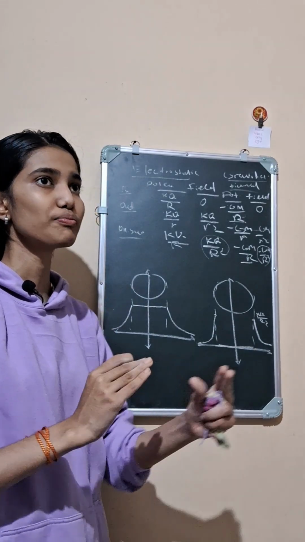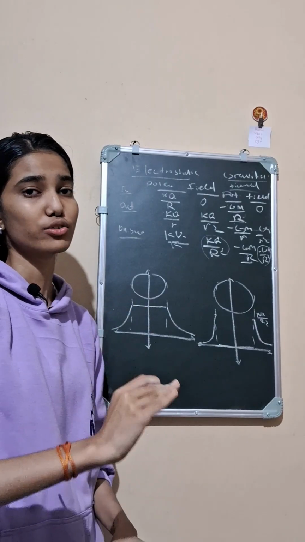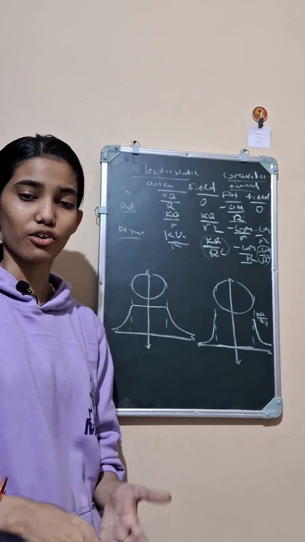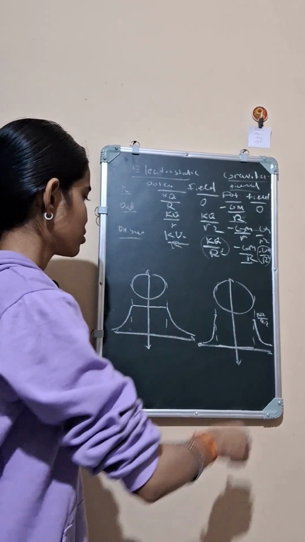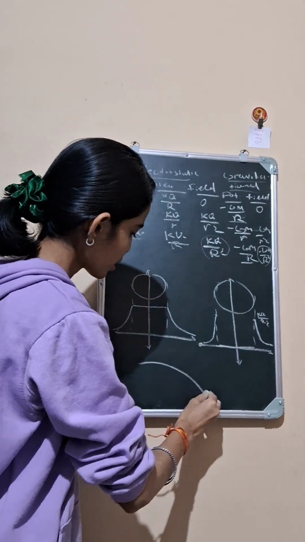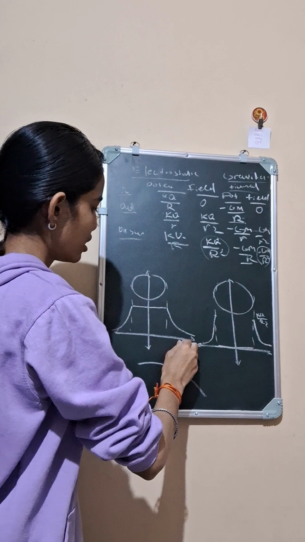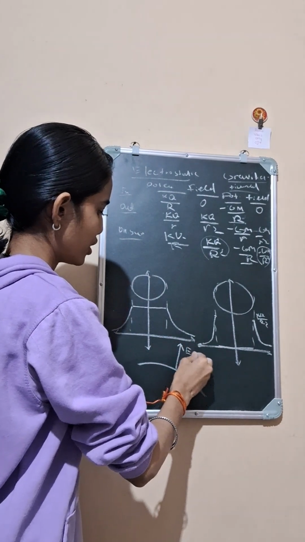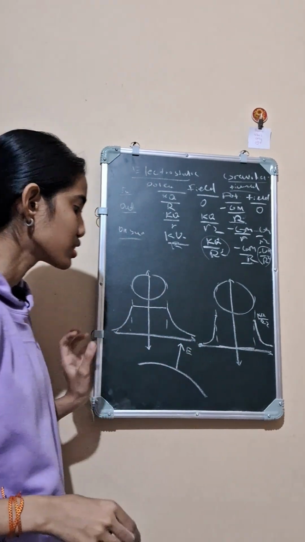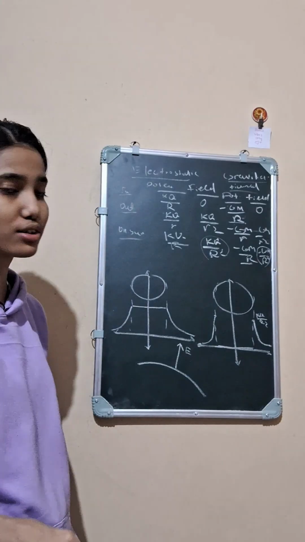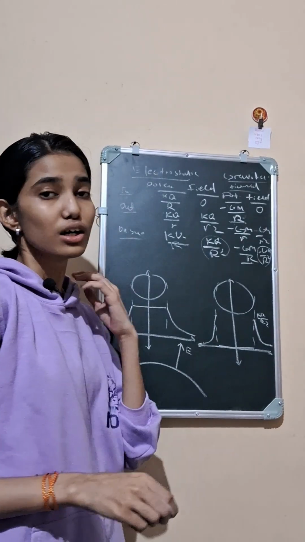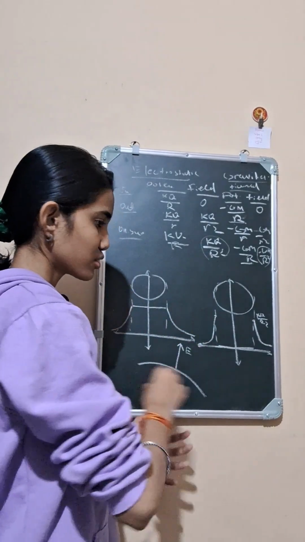So actually the field is perpendicular to the surface for an equipotential surface. I can show you one thing. Suppose this is an equipotential surface and here the field is perpendicular to it, and therefore as the field is perpendicular to the equipotential surface, no work done is required to displace it on the surface.